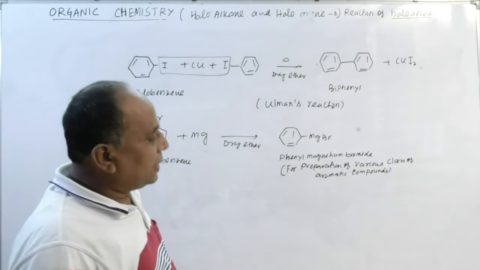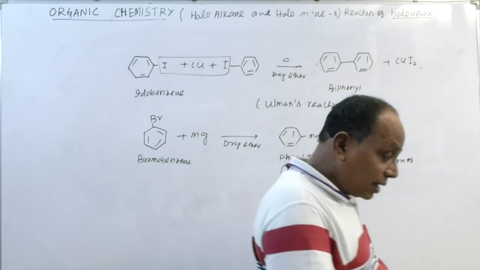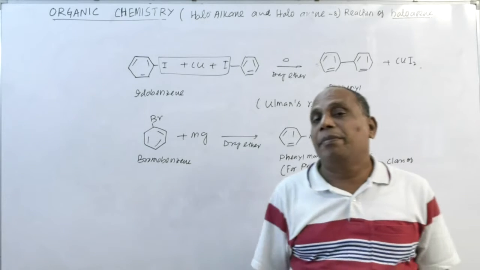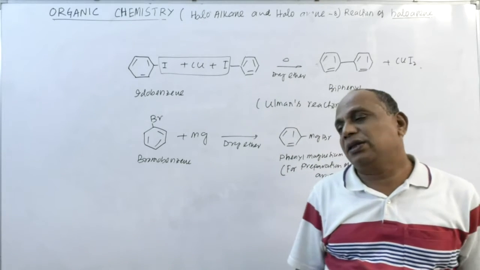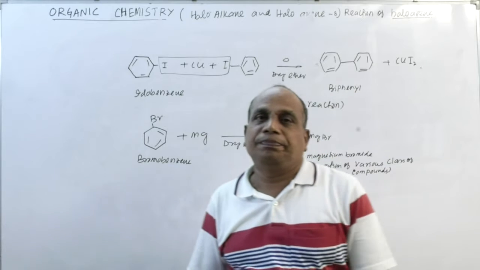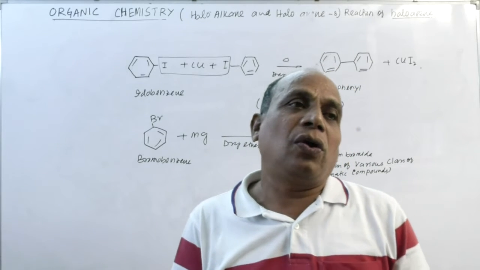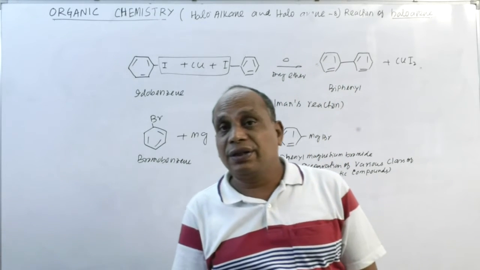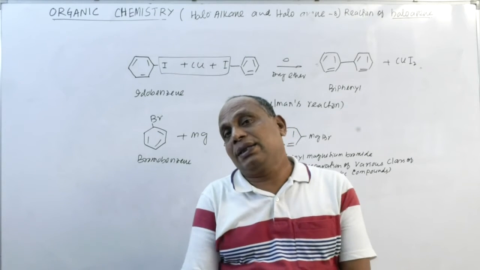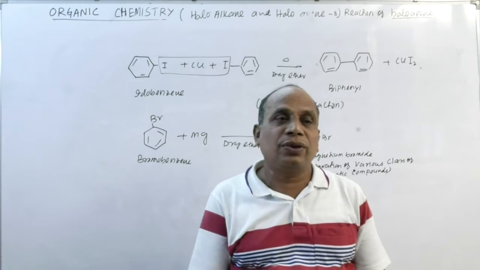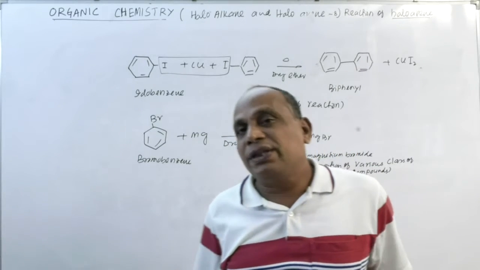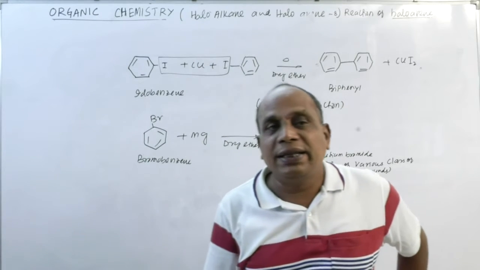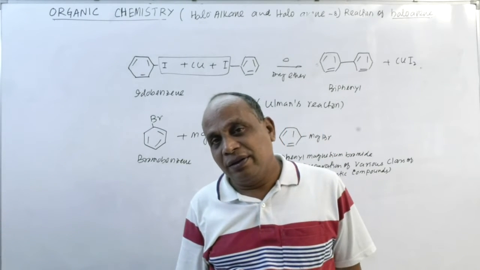Okay, students, these are the reactions of chlorobenzene with metal, and this is all about the reactions of chlorobenzene or haloarenes. So the haloarenes can undergo nucleophilic substitution reaction, electrophilic substitution reaction, as well as reaction with the metal.